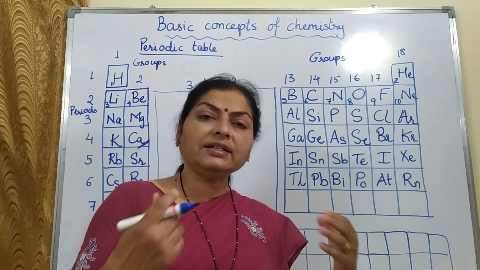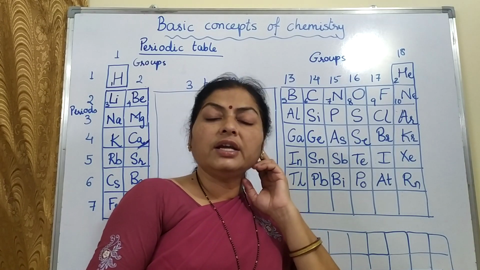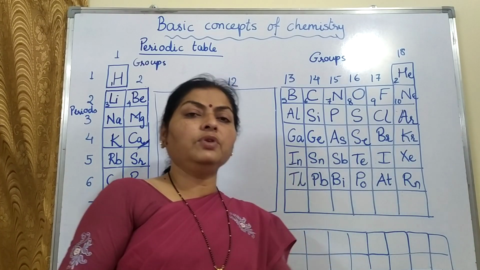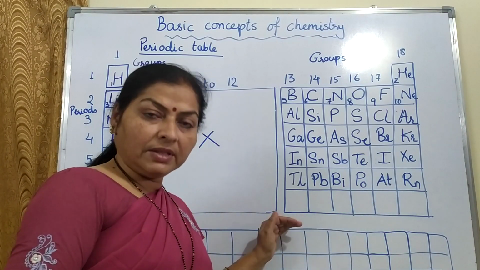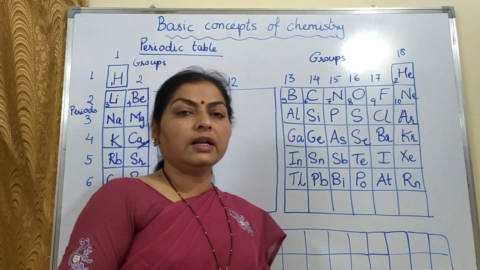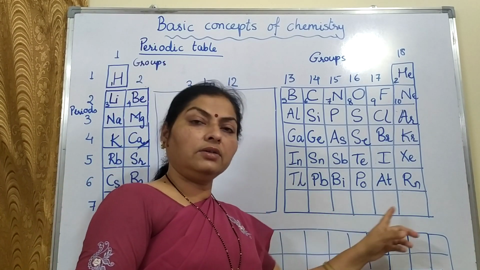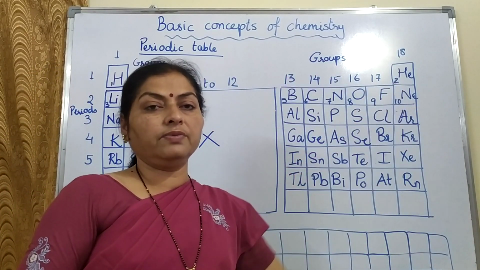Radioactive means their existence is for a very short span of time. They change into some other element within a few seconds or minutes. So it is not necessary for now to remember these elements. In further classes you can learn those elements also.